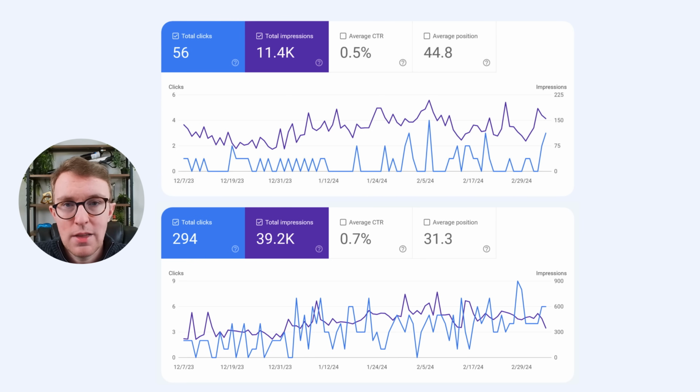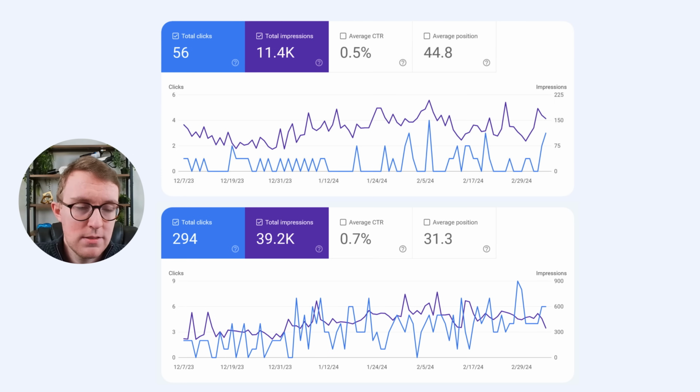So if you saw that purple line start to wildly spike up and your content still only got 1 or 0 clicks a day, that's an indication to both you and Google that your content's not being received well by your audience. The graph below shows another site that I believe was started actually the same day.